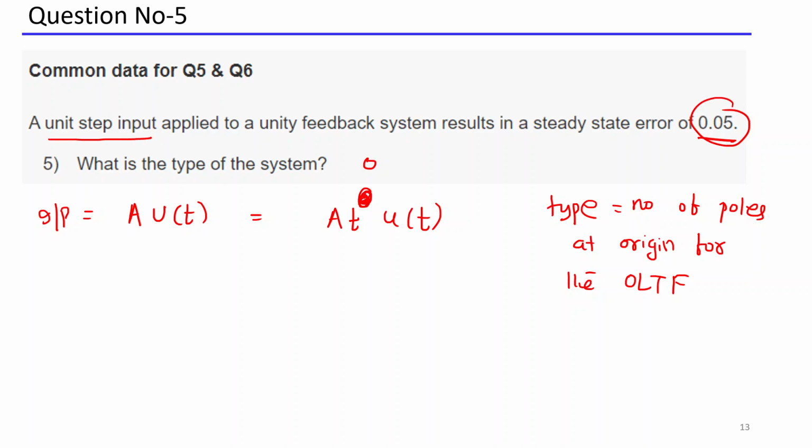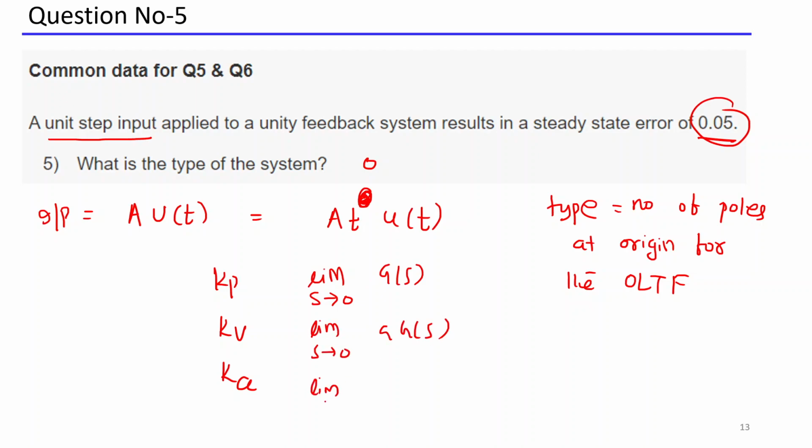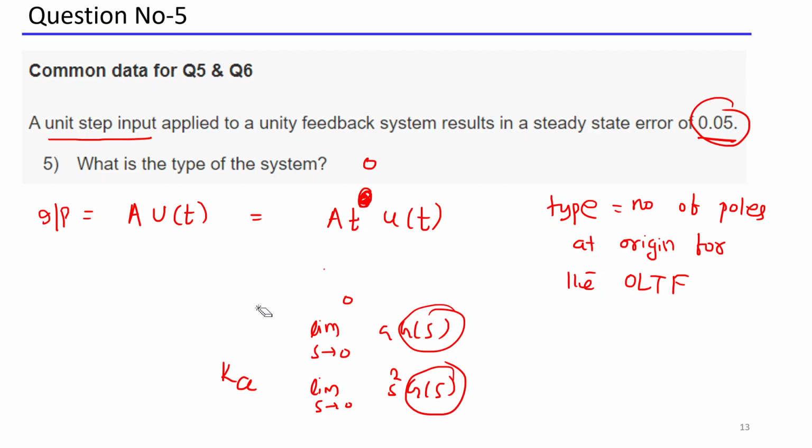Because we know that in my Kp, Kv, Ka, the formulas are like this: limit s tends to 0 of G(s), limit s tends to 0 of sG(s), limit s tends to 0 of s squared times G(s). Here you see, sir, we are using the open loop transfer function. So why should I solve in the closed loop transfer function and kill my time? So I just use this concept.